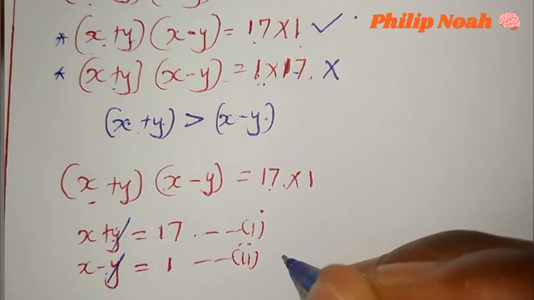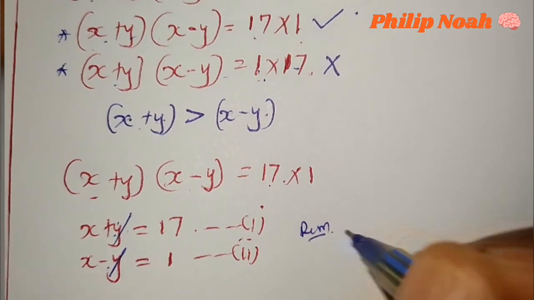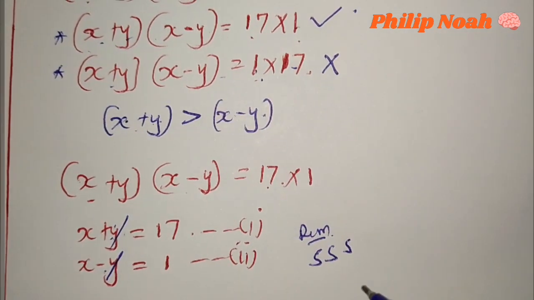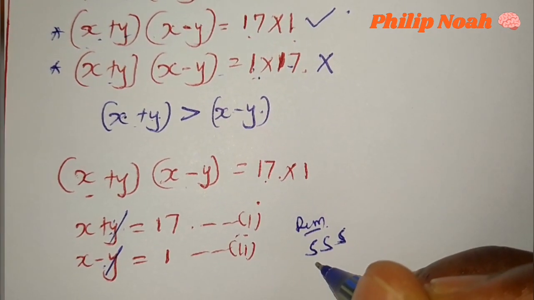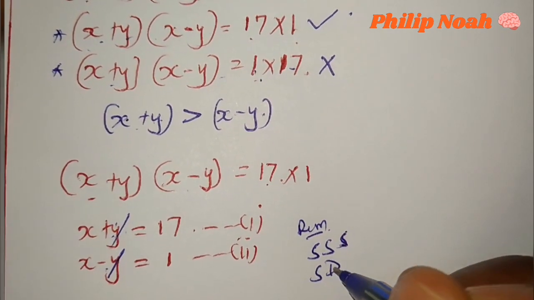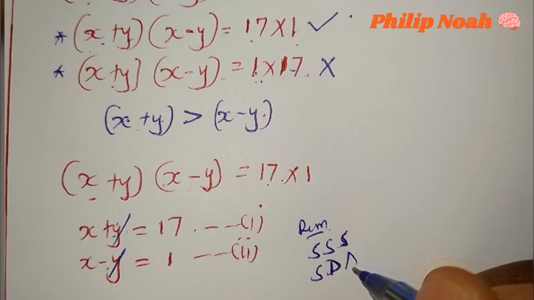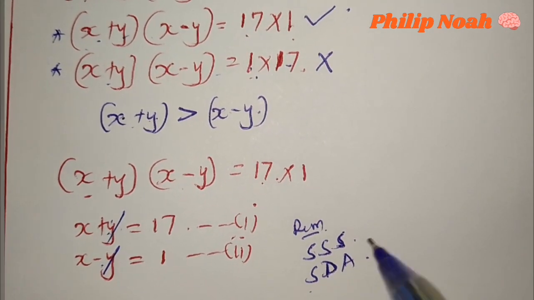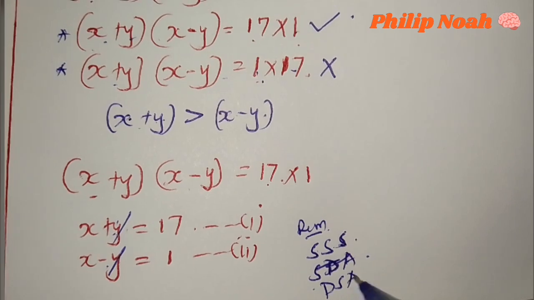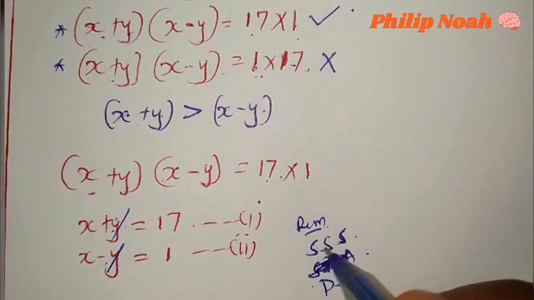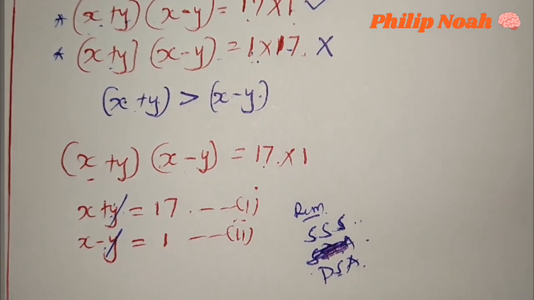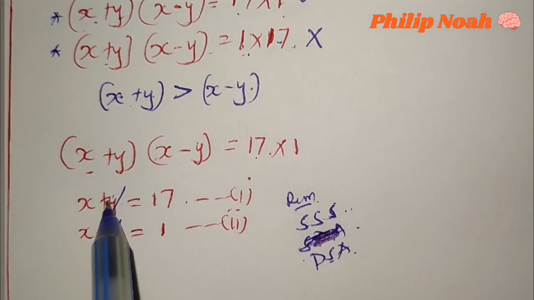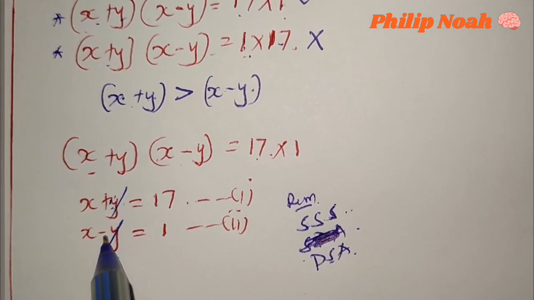You have to remember this: when the signs are the same, we subtract. When there are different signs, we add. Same sign we subtract, different sign we add.